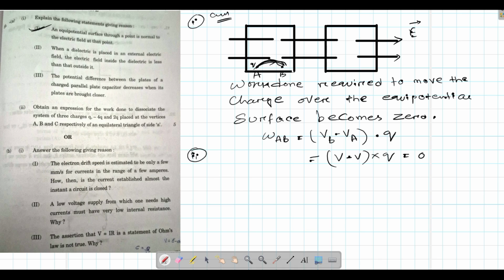Second bit says that when a dielectric is placed in an external electric field, the electric field inside the dielectric is less than the outside. So let's make an external electric field.